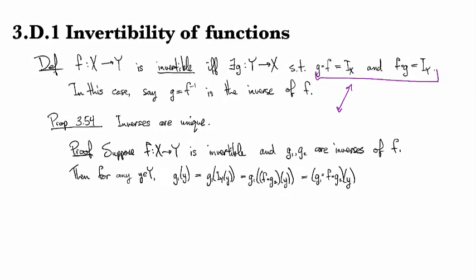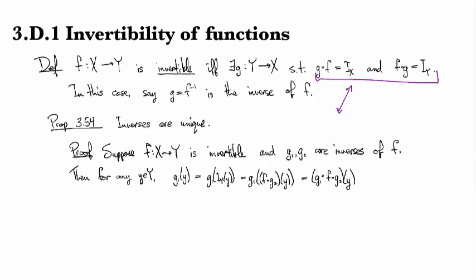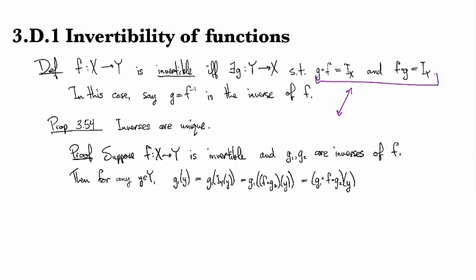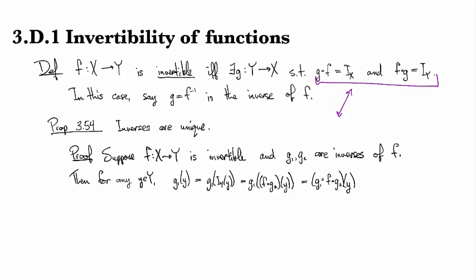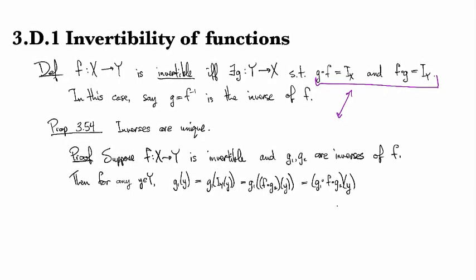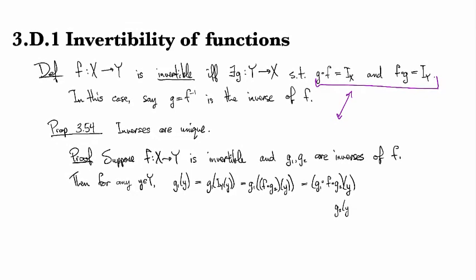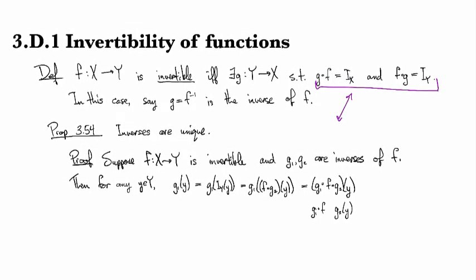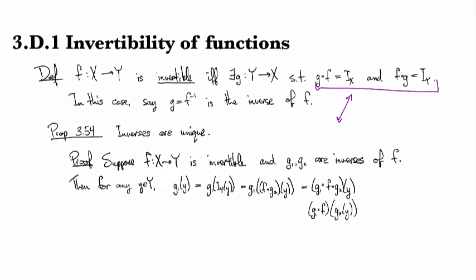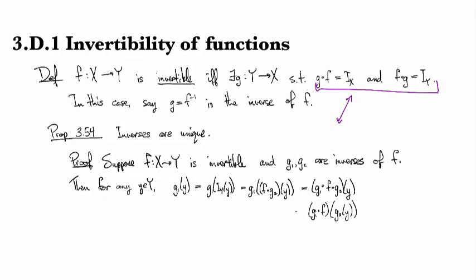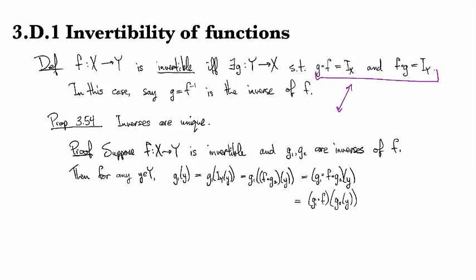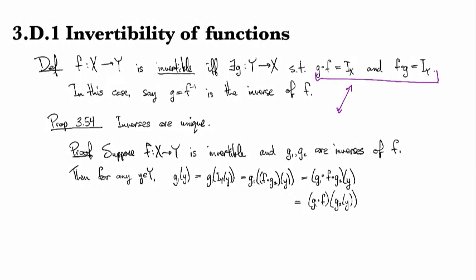Now this is the same thing as applying g1 of f after applying g2 to y. I can apply g2 to y, and then do g1 of f applied to the result. I'm using associativity of composition here.